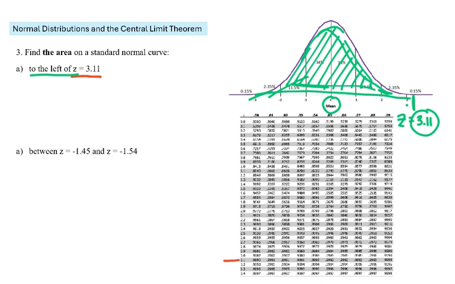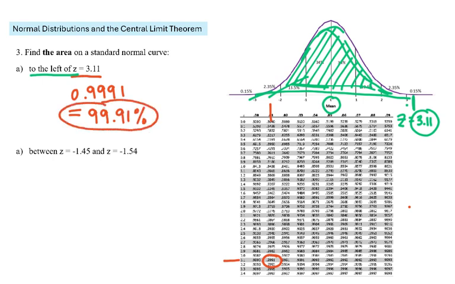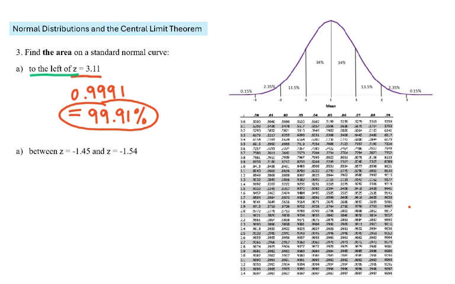So we go to 3.1 and then 3.11, and we find that number, which is 0.9991, which as a percent means 99.91% of the data is going to be less than 3.11 standard deviations above the mean. So that's almost all the data, with just a teeny bit left on the right. Okay, I cleared all that. Now let's look at the second question.